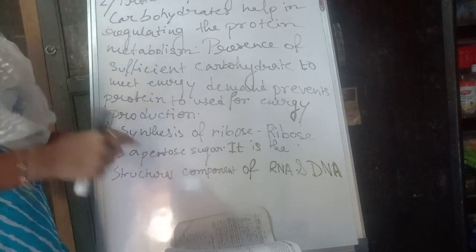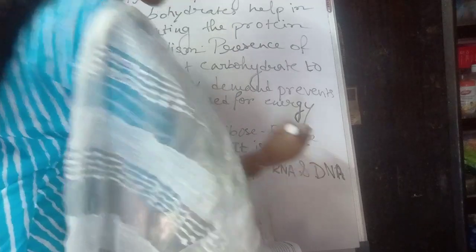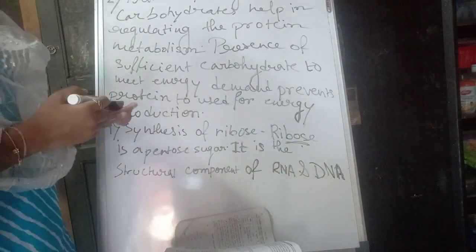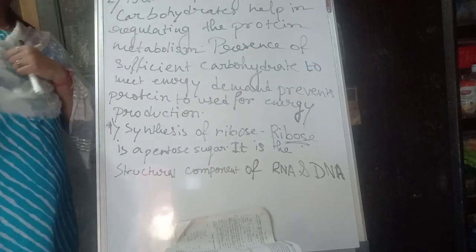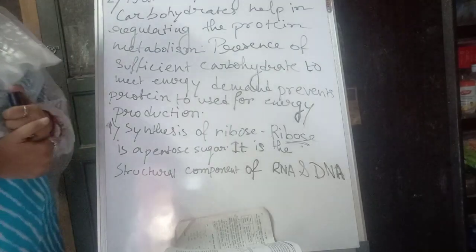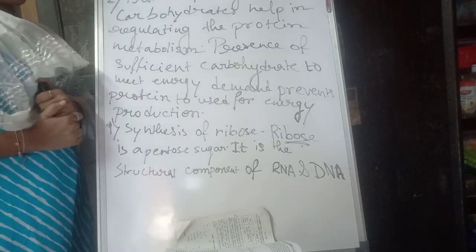Their skeleton is basically made up of the pentose sugar ribose. So carbohydrate is an inevitable component of our genetic structure also. So this is another very important function of carbohydrate.